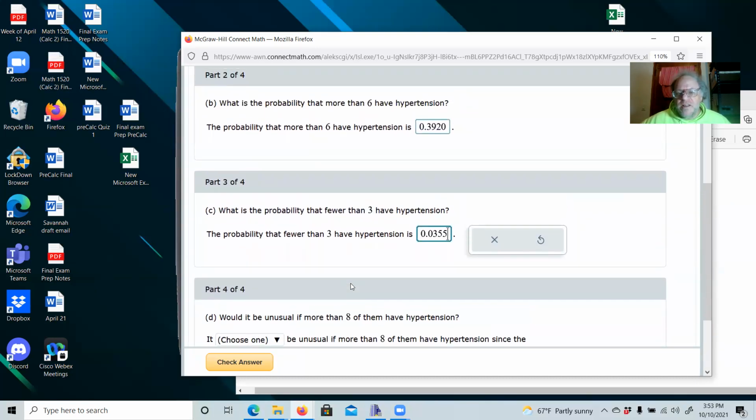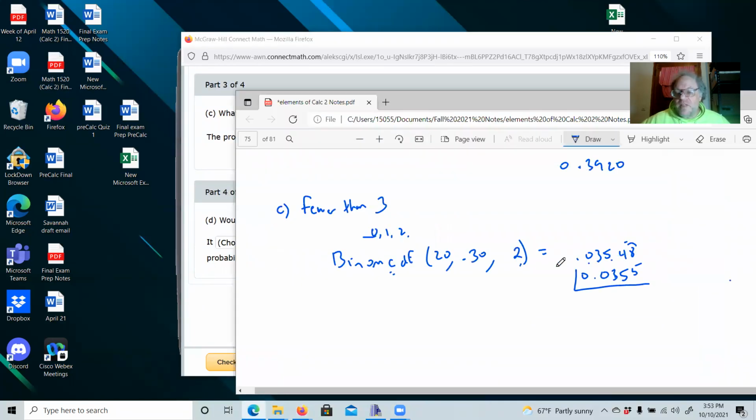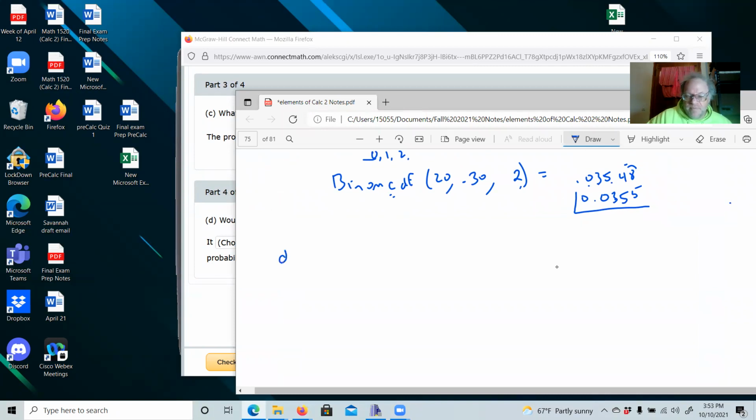Would it be unusual if more than 8 had hypertension? There's a more than here. Okay, more than 8. Well, what numbers are more than 8? 9, right? 8 isn't more than 8. Because it has more than, we're going to say 1 minus.